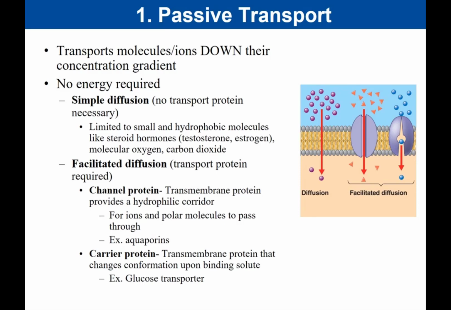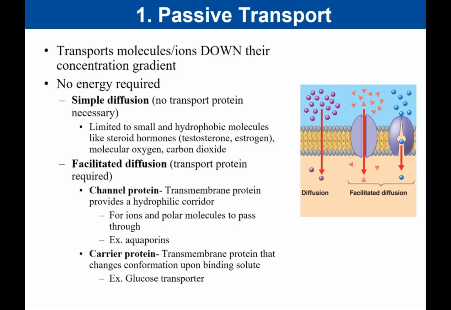And so things that are small, hydrophobic, and nonpolar can get through that interior of the plasma membrane, which is also hydrophobic. So things like steroid hormones, testosterone, estrogen, those are made of primarily hydrocarbons, and hydrocarbons are nonpolar and therefore hydrophobic. Molecular oxygen, so oxygen gas, and carbon dioxide, those are both nonpolar. They can cross the membrane all on their own.